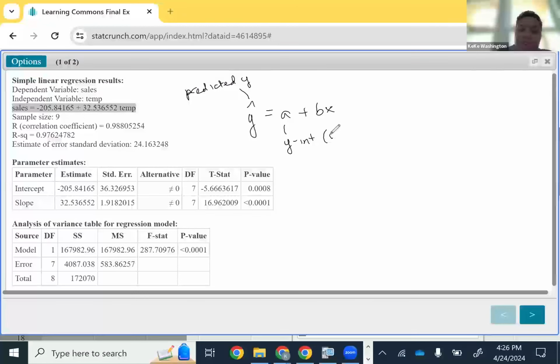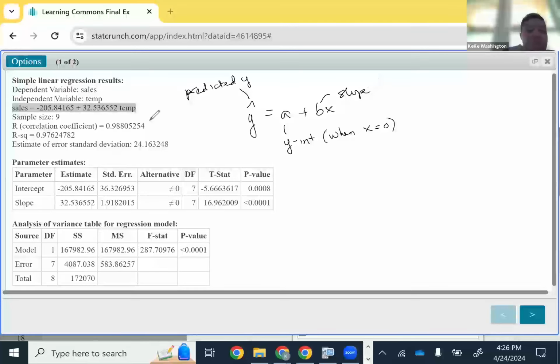That is where the graph crosses the y-axis, and that is always when x is equal to 0. And then we have our slope. It tells us if we have a positive or a negative association, how y is changing based upon each increase of x.